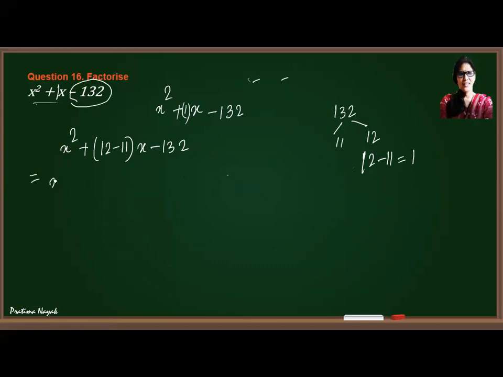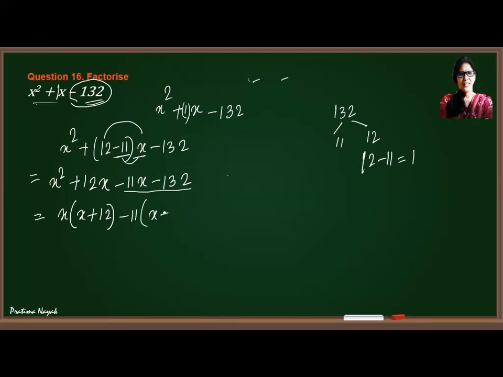Next we'll go for x square. I'll make 12x, but it will be positive. But take care, 11 will be negative, so minus 11x. As I told, one positive, one negative, both will be different sign when C is negative. C means constant. Taking x common, I'll get x plus 12, and from these two I'll take negative 11 common, so both will be positive.